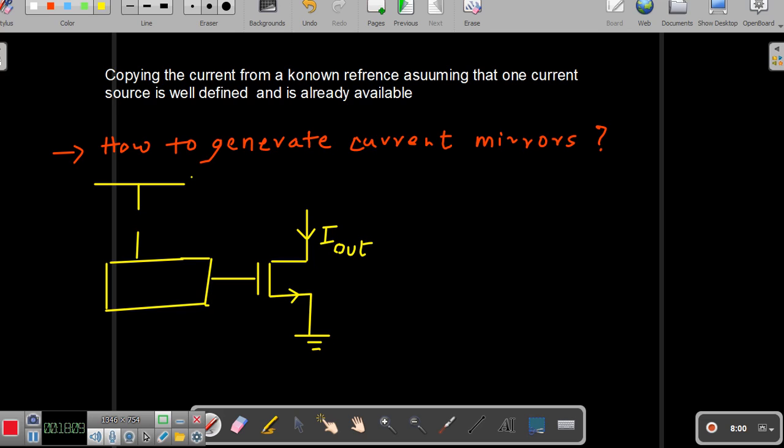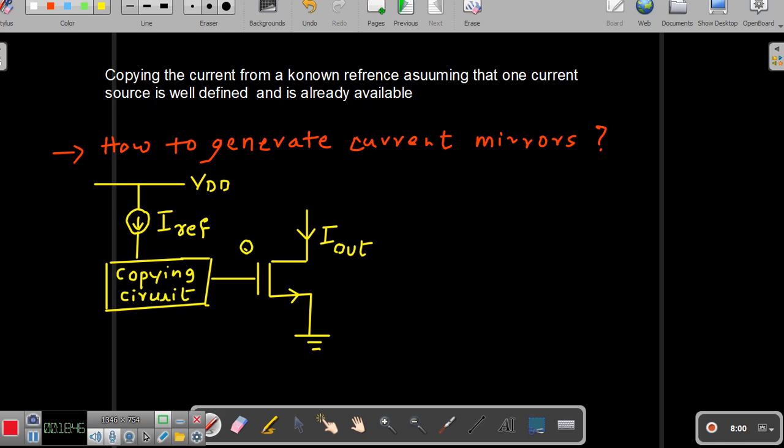Okay, so this is my VDD, and this is my I reference, and this is the copying circuit.